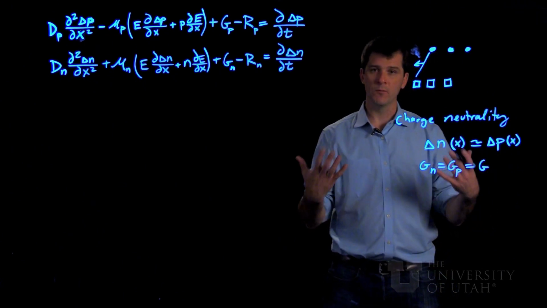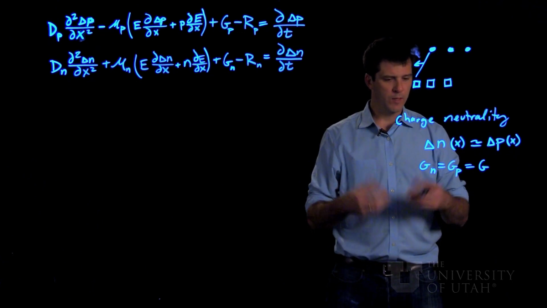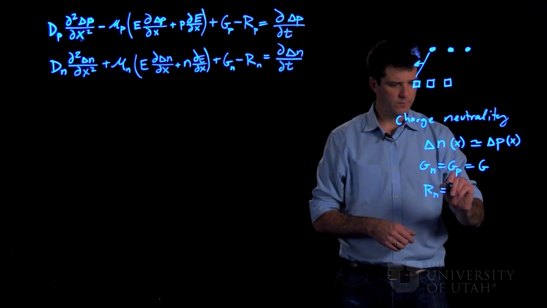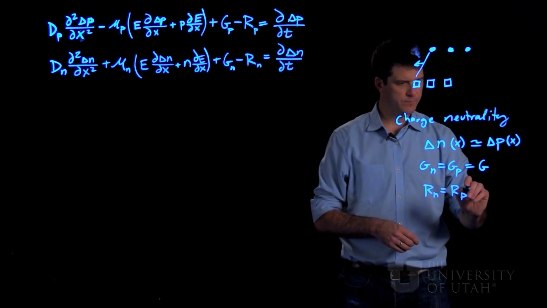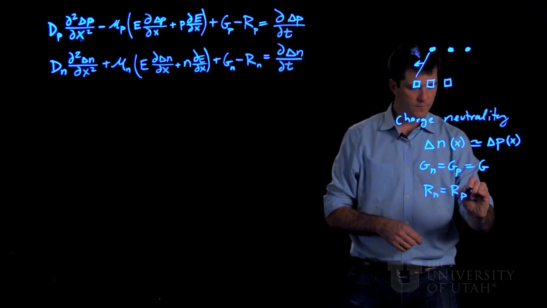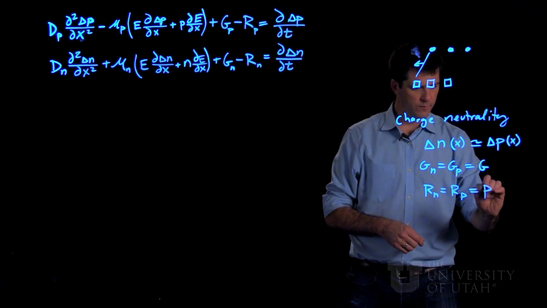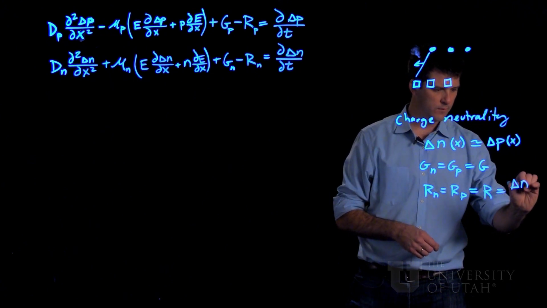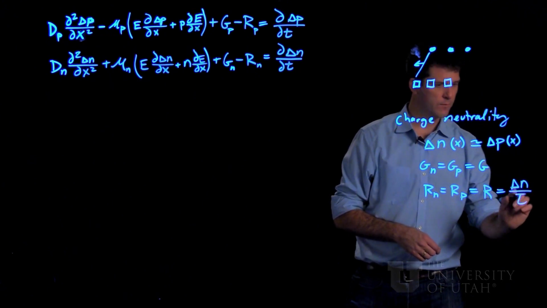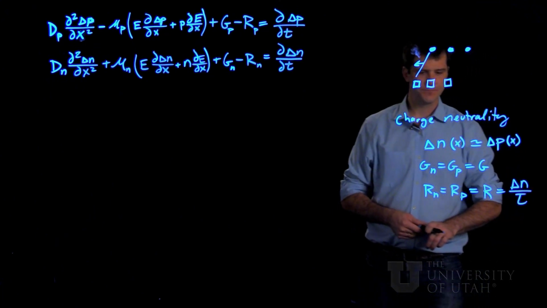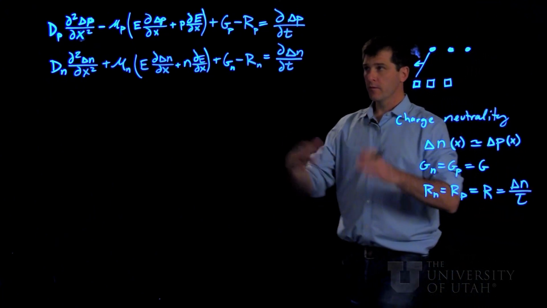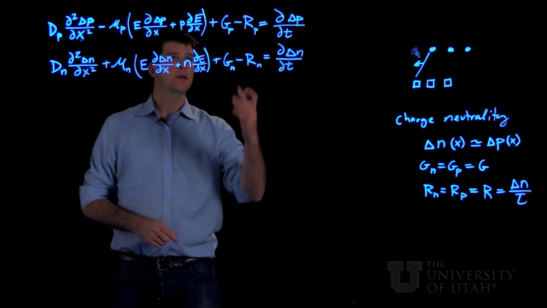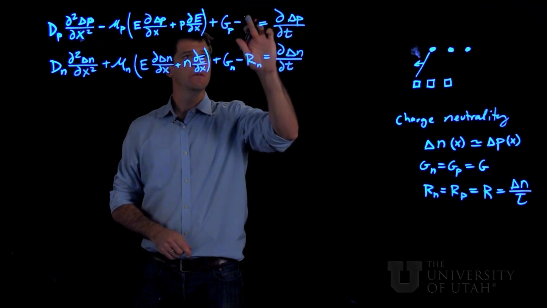And similarly, the recombination will happen by pairs of electrons and holes, so that Rn equals Rp equals the overall recombination rate, and then further we can write this as delta n over tau by using this relation. So let's go back to our big general equations and make some substitutions.